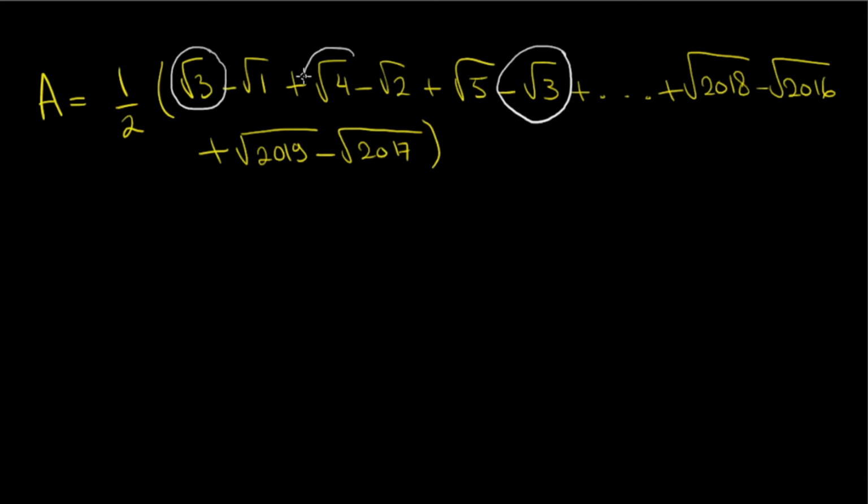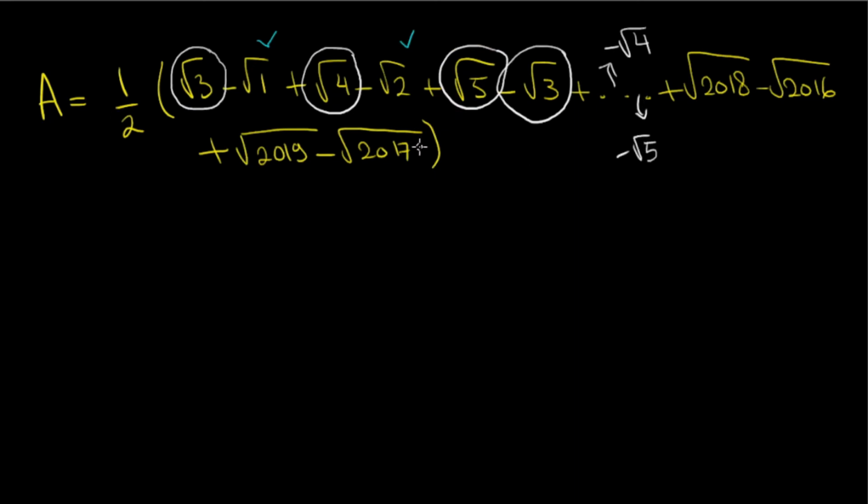Square root of 4 will also be cancelled by minus square root of 4 somewhere over here, and square root of 5 also by minus square root of 5.